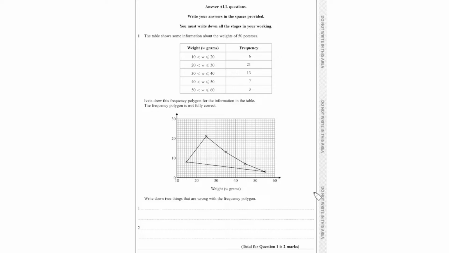So one thing wrong with the frequency polygon, which I think is confusing because they call it a polygon, right, is the fact that you're not supposed to join it up. So this bottom line here, you're not supposed to join it up. Which you'd think you would because it's meant to be a polygon, but you're not supposed to on these graphs.